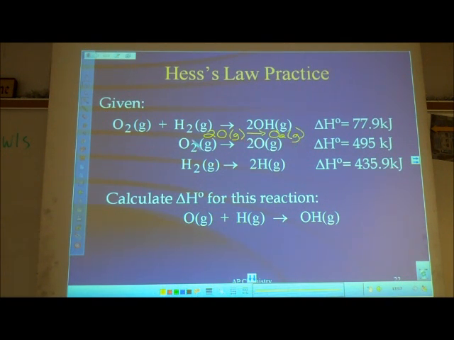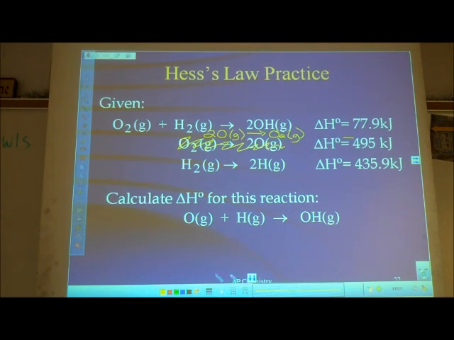this is what I'll get. Let me cross through this. And this becomes negative 495. Now, hold on. Please notice the coefficient. It needs to have a coefficient of 1. And it doesn't right now. Multiply it by 1/2. And what does that do to this number?